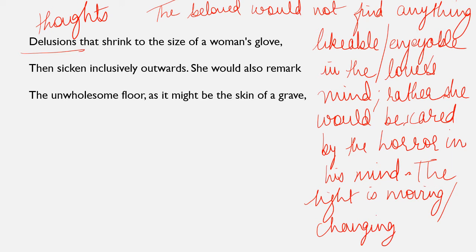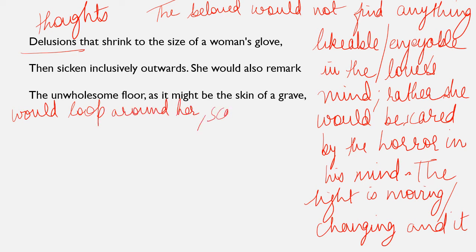If you see stanza number 4, he says varying light. Varying means changing. Changing light. So the light is changing, it is moving, and it would kind of loop around her, and she would be scared, scaring her.